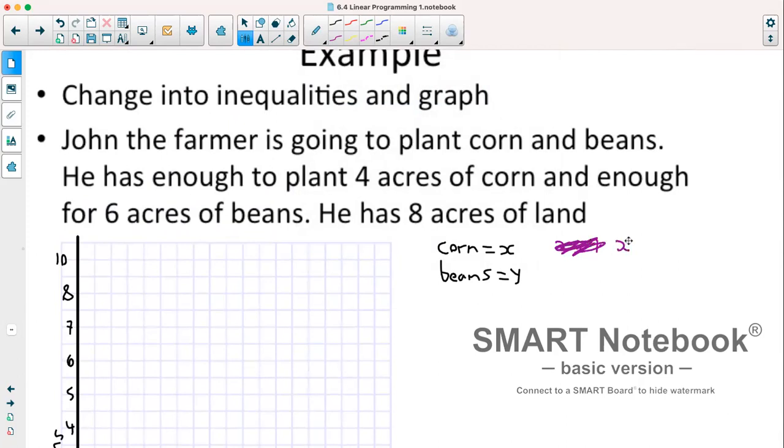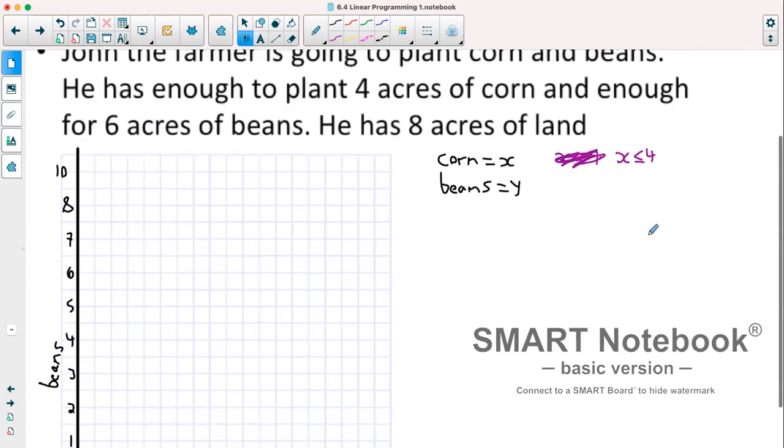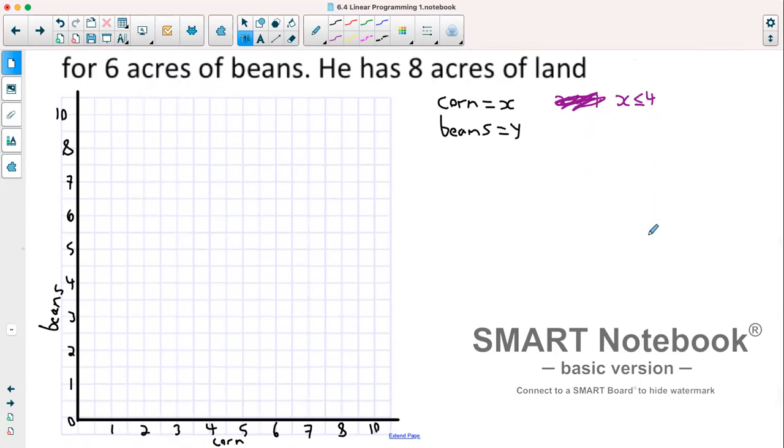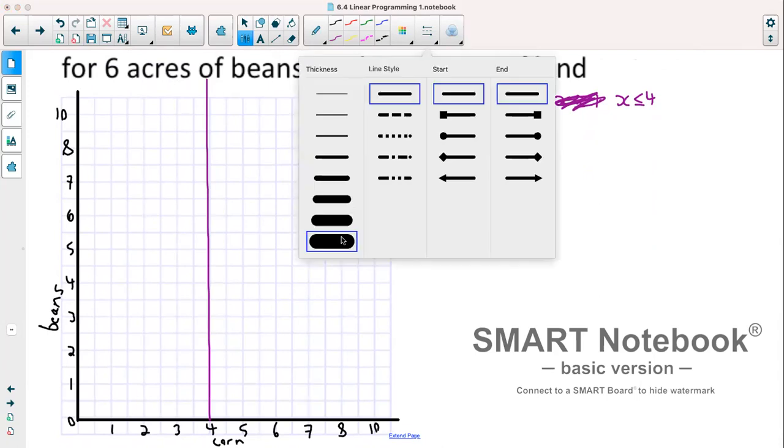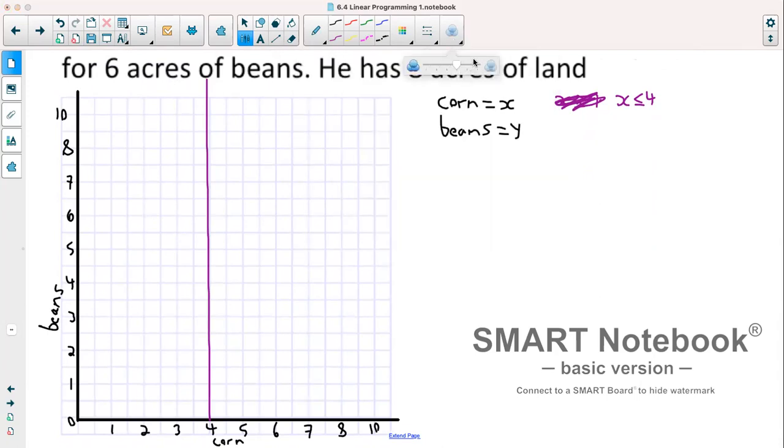So we know that X has to be equal or less than 4. So we'll draw in a vertical line where X is 4. Now equal or less would be to the left side of that.